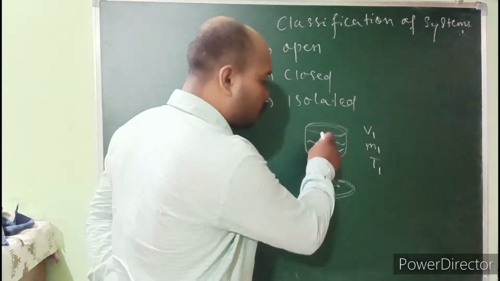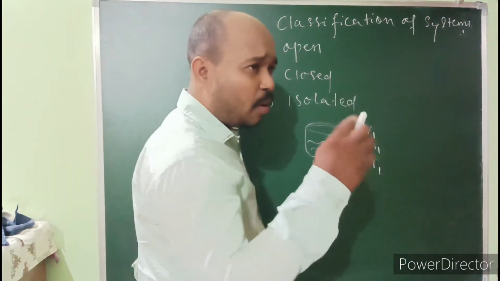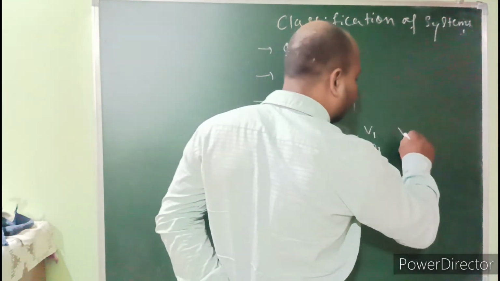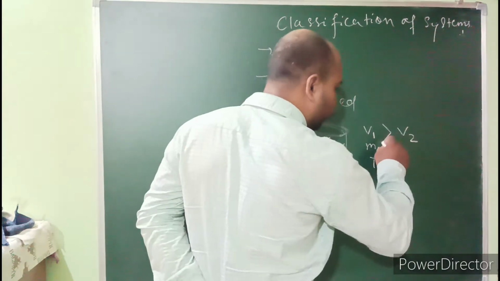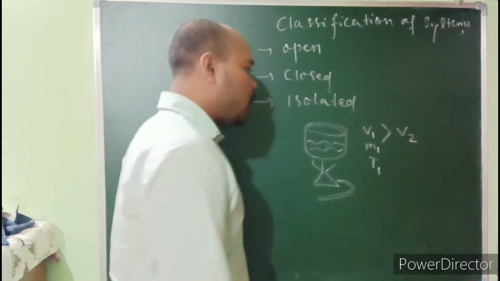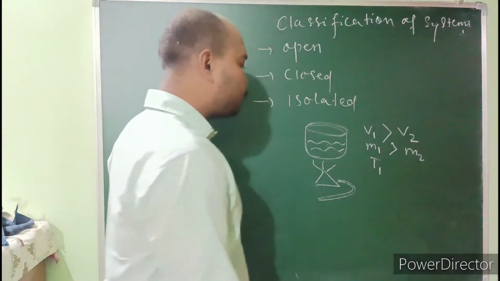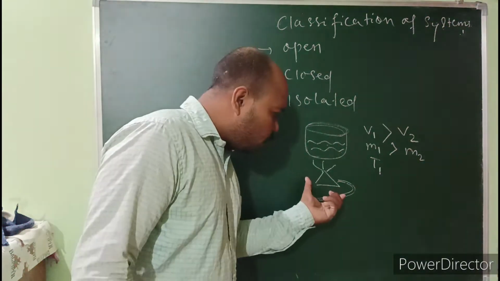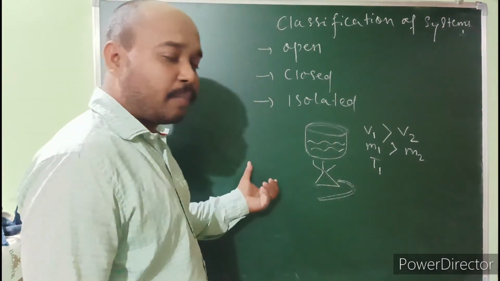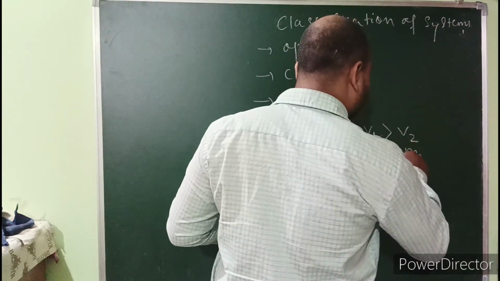So some amount of water volume will decrease. That is V2, and we know that V1 is greater than V2. As volume decreases, mass also decreases. When I heat it with a Bunsen burner, temperature rises, and when removed, temperature changes. That is T2. So T1 is not equal to T2.